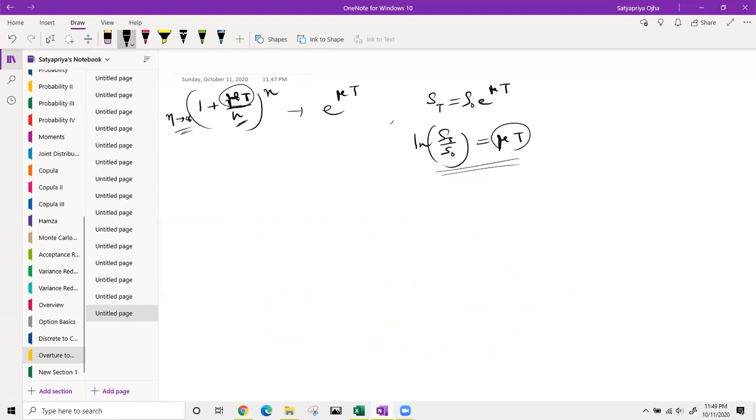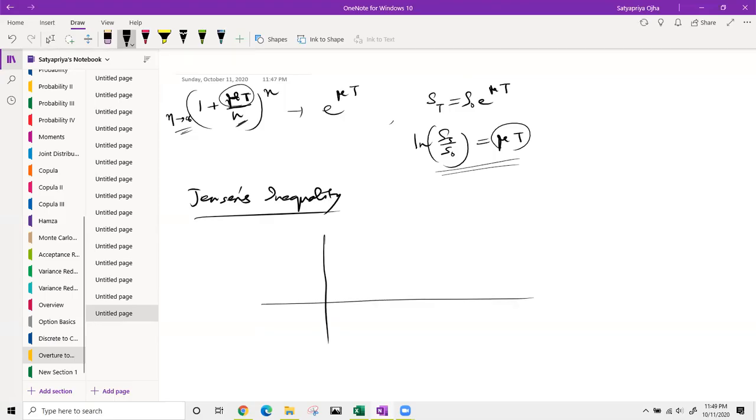For example, there is something called Jensen's inequality. Okay, what is happening here is, suppose St by S0, this is log St by S0.